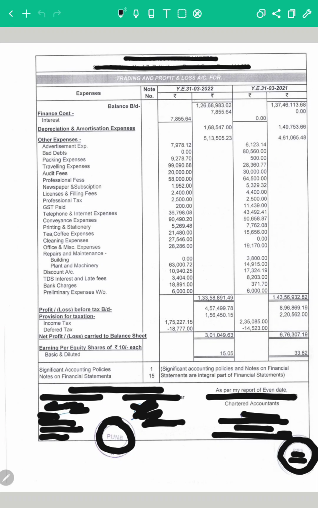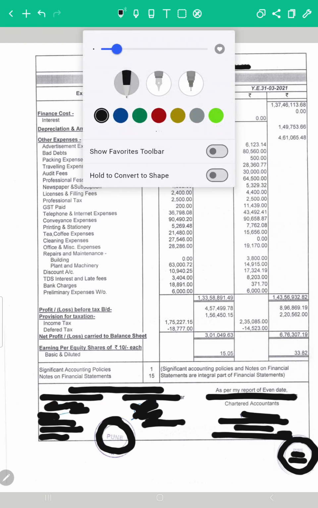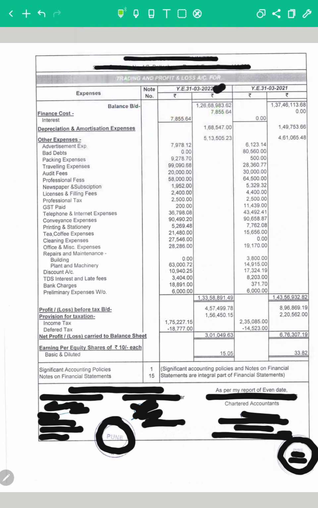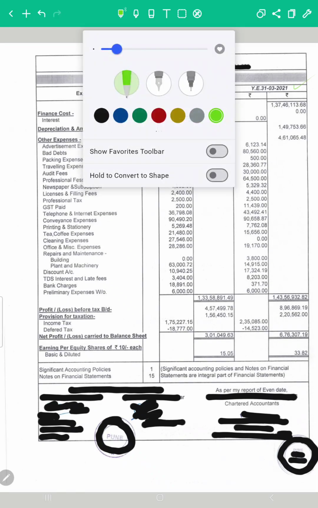Okay, now suppose this is the profit and loss statement of that particular client. Now herein we have to check the financial years. Now this is 2021, and this is 21-22, right?